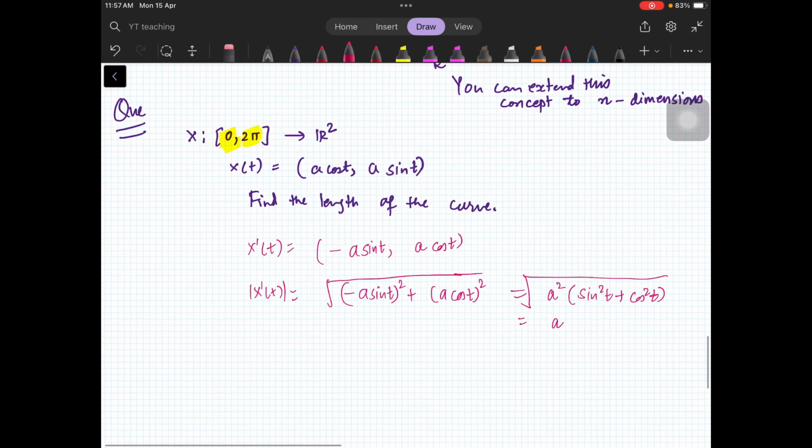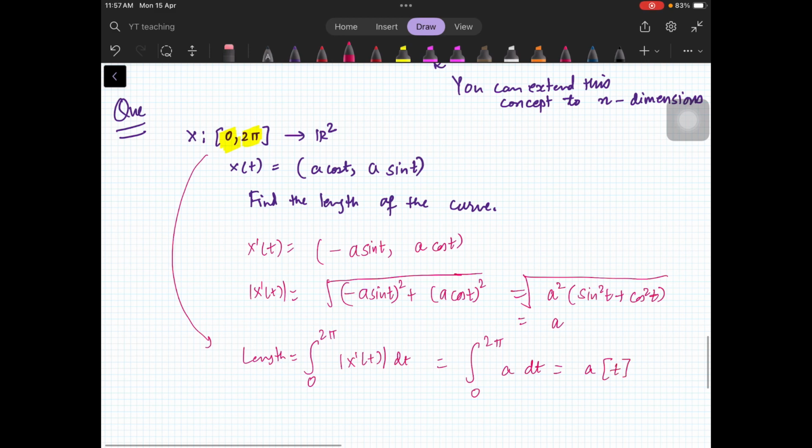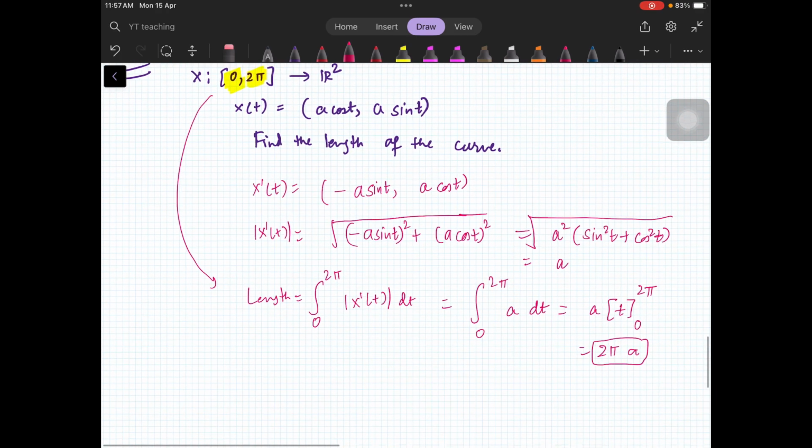And then to find the length, we have to integrate from 0 to 2π of the modulus of x′(t) dt. So that is going to be the integral from 0 to 2π of a dt. So a comes out, the integration is t from 0 to 2π, so you get 2πa. So you see, we also know that this is the circumference of the circle, so we got it. That makes sense, I hope.